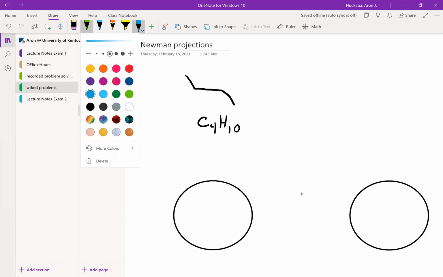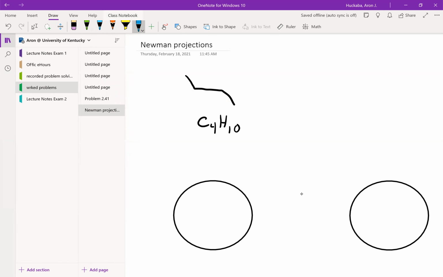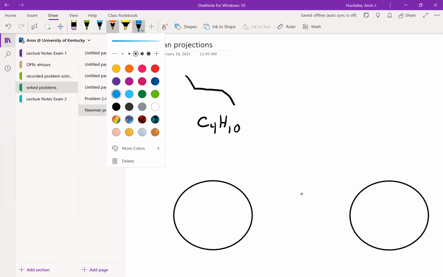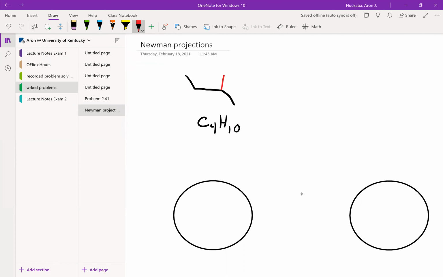let's make the wedges red. So here's a hydrogen on a wedge bond. And here's another hydrogen on a wedge bond.